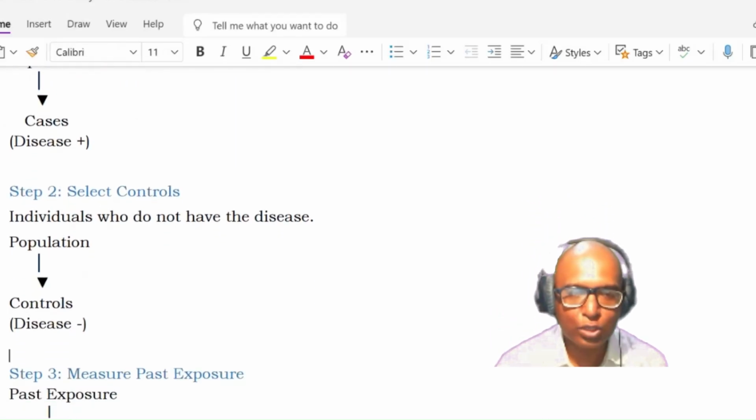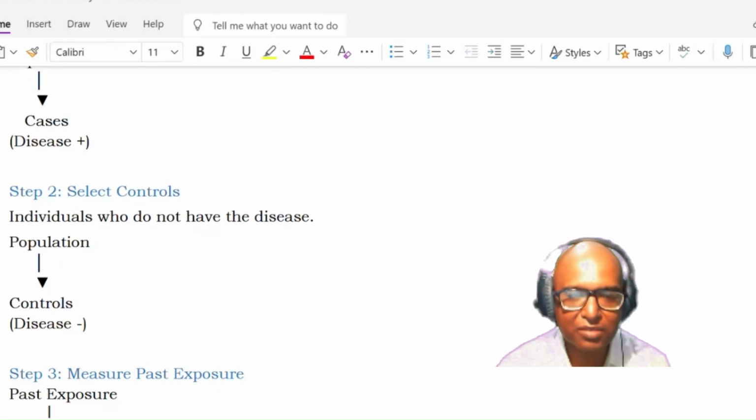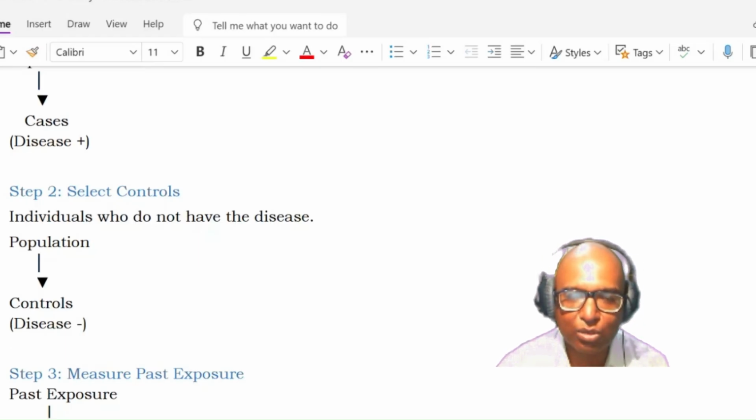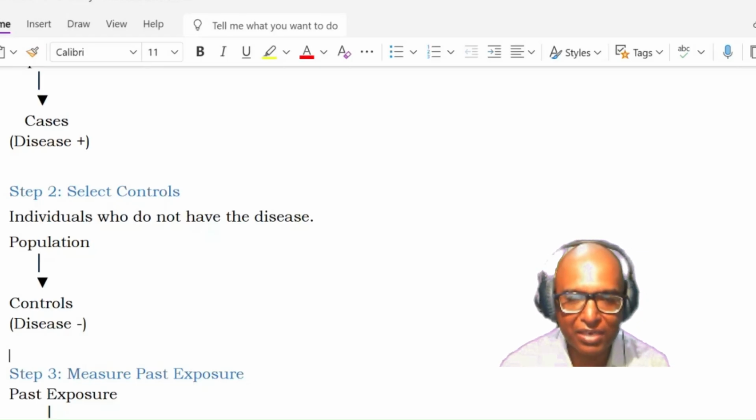Actually, we feel that selecting the cases is difficult, but it's mainly selecting the controls that is very difficult in a case control study, because for cases we have the operational case definition. Once the case is defined operationally, whoever fulfills the criteria we will include.